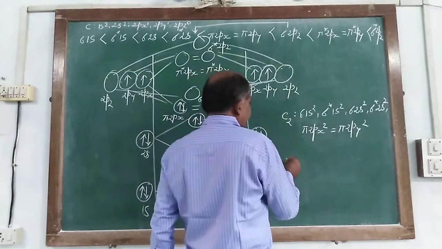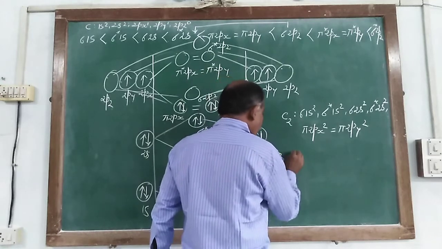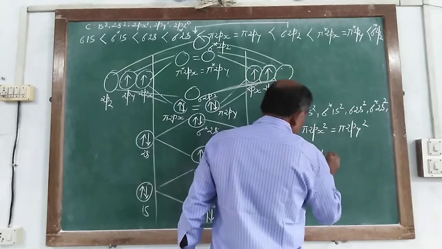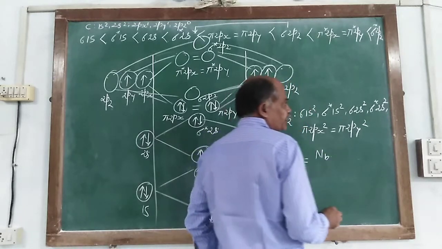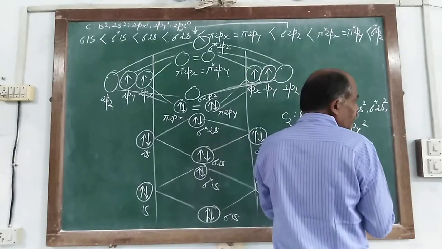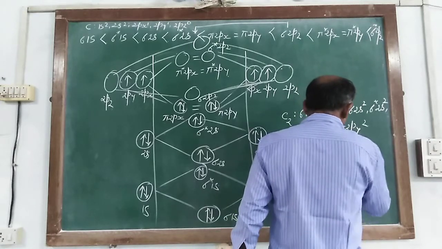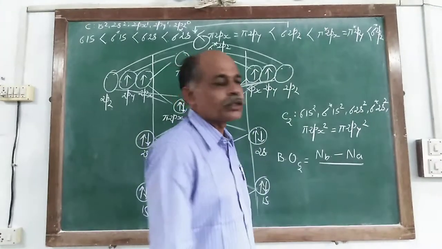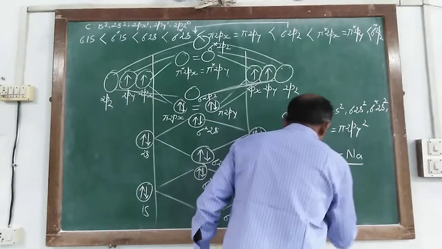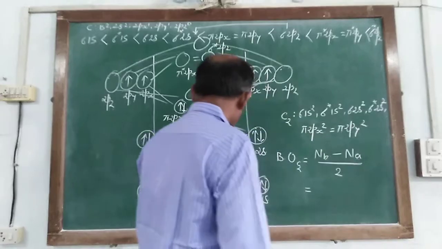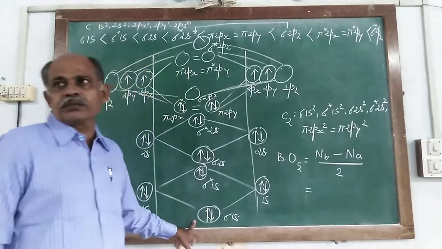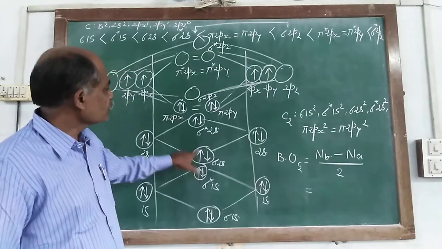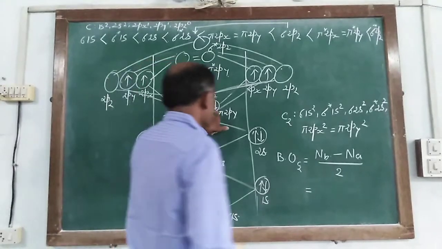Now we calculate the bond order for C2, which is equal to the number of electrons in bonding molecular orbitals minus the number of electrons in anti-bonding molecular orbitals, divided by 2. The electrons in bonding molecular orbitals: 2, 4, 6 and 8.